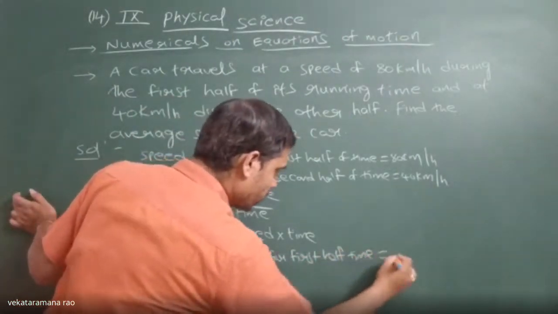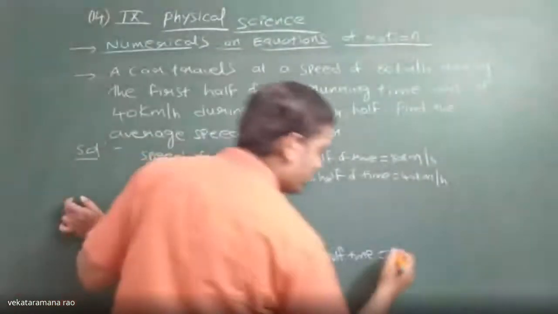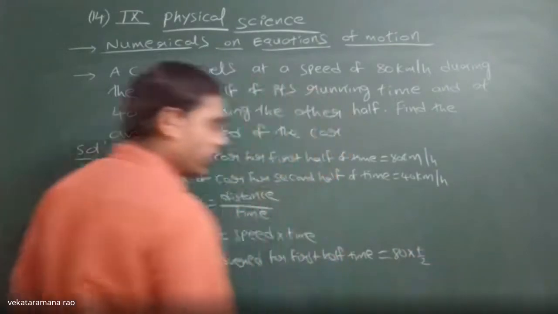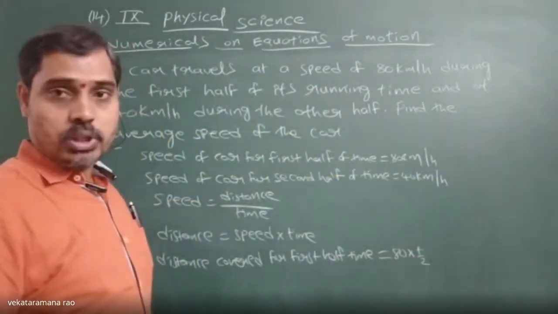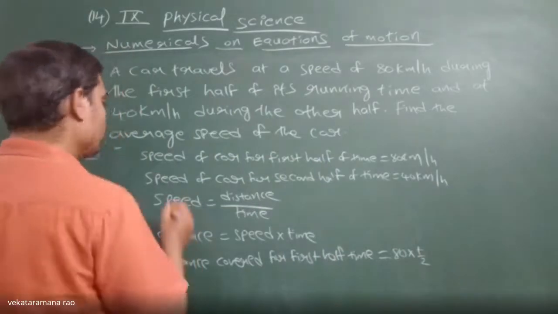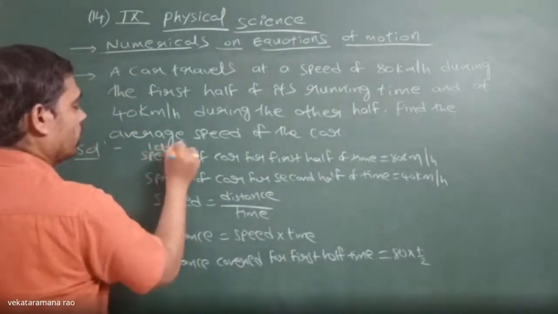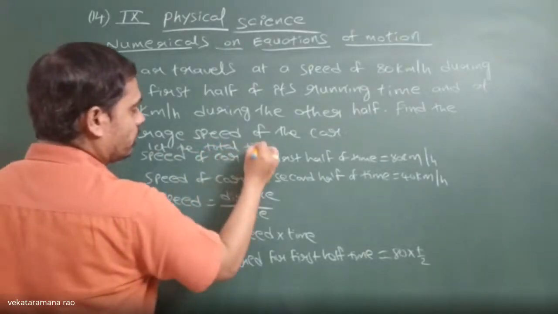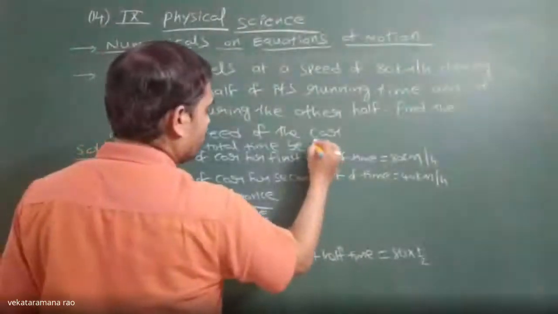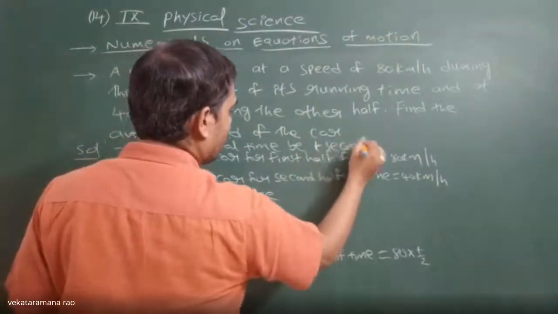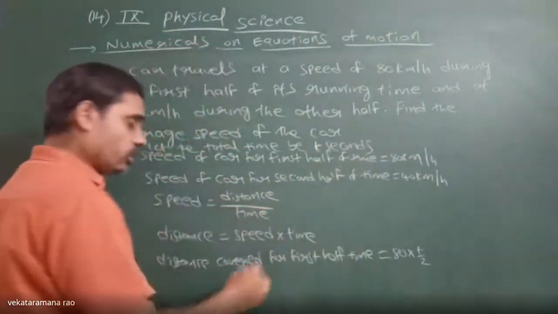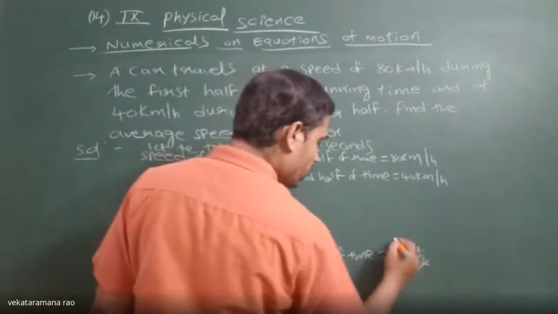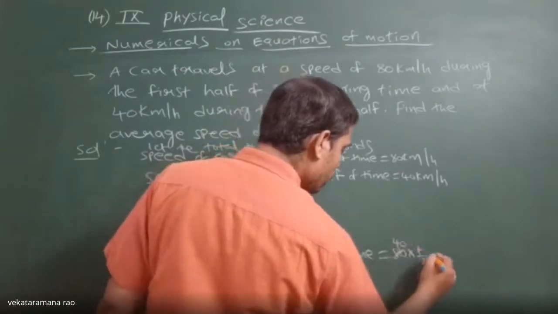The distance formula is speed into time. Speed is 80. Time is T by 2. Why T by 2? We are assuming the total time as T. So let the total time be T seconds. As a result, the distance covered for the first half time is 80 into T by 2, that is 40 T.